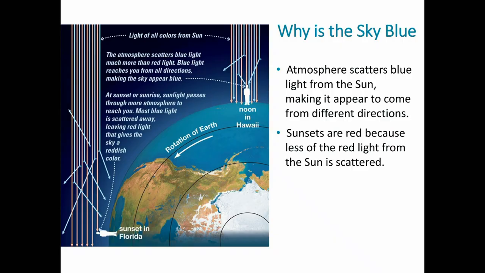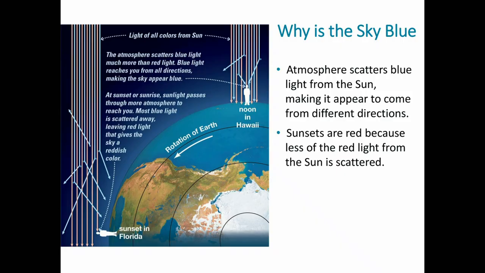It turns out the particles in the atmosphere are really good at scattering blue photons. And so if you're looking kind of during the middle of the day, when you look up at the sky, you see it as blue because there are blue photons that have scattered basically in all directions. And so when you look up, there's a blue photon coming from basically any direction you can imagine, hitting your eyeball, and that's making the sky appear blue.